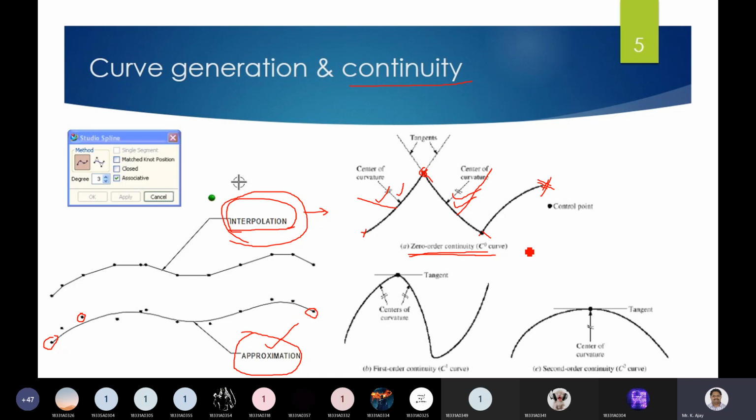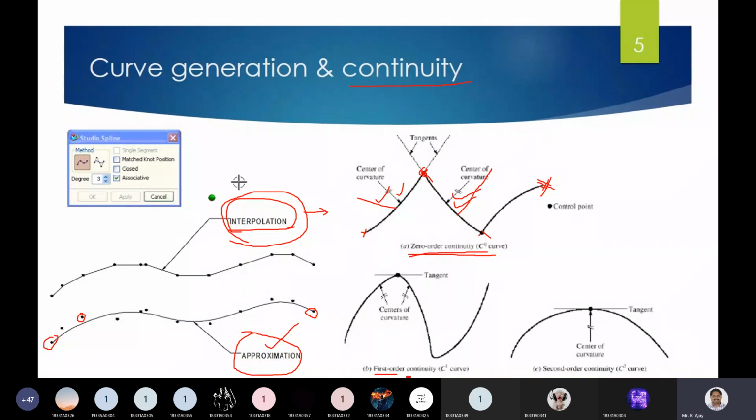Zero order continuity means all the curve segments are just connected. But can we feel any smoothness in this curve? No. The overall curve is not at all smooth. They are just connected. So if you want a much smoother curve or much better shapes, then you go for the next continuity orders.